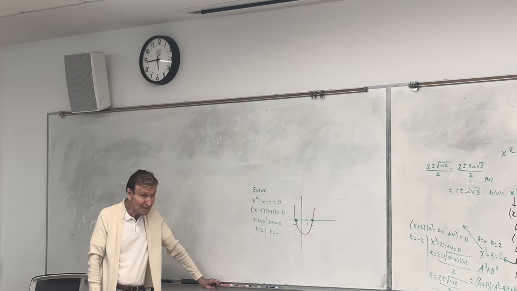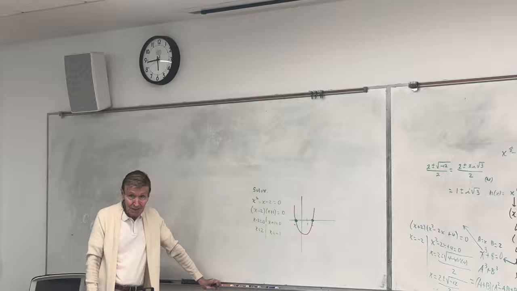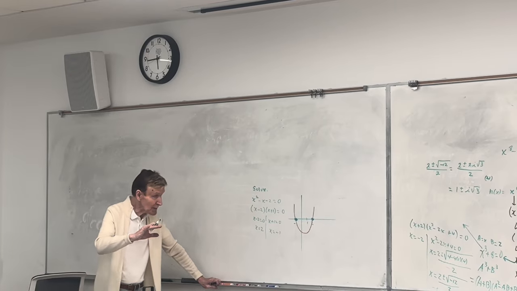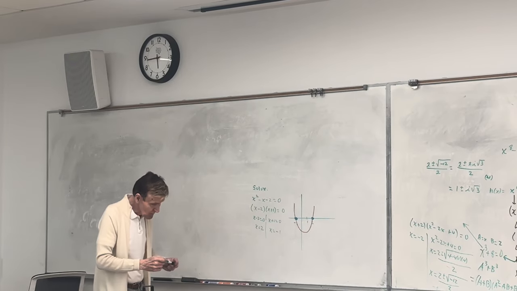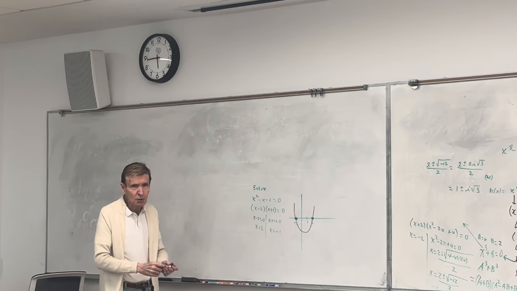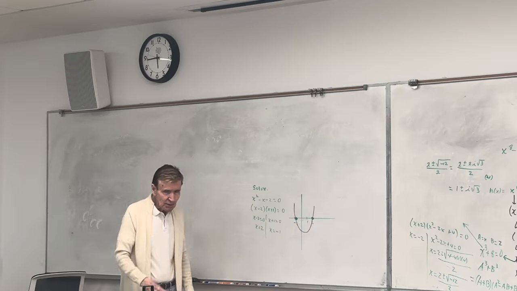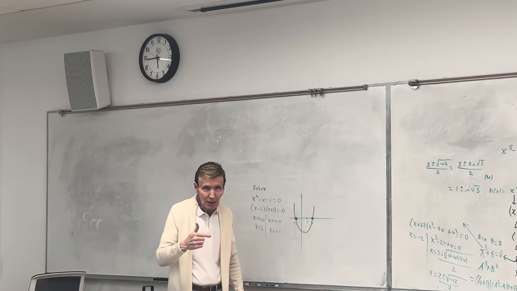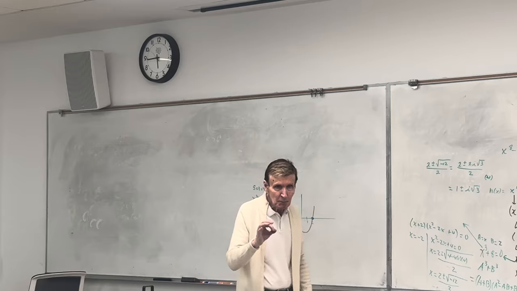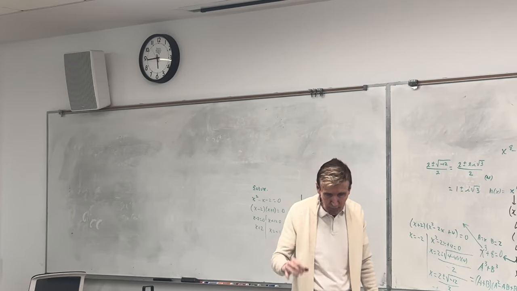That's got to look like that. Now, can anyone give me a guess? Think of how the phrase is. Oh, this is going to be cute. Does this particular parabola have a maximum or a minimum value?